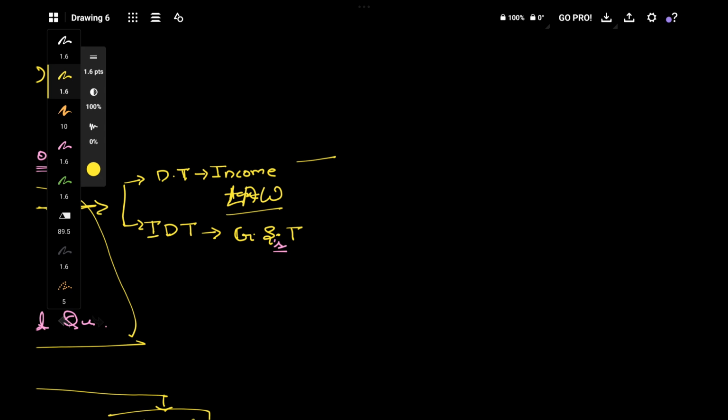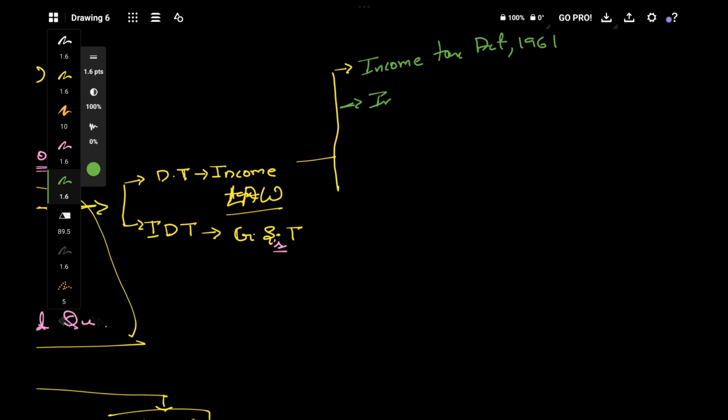So we are going to learn the whole law, not just the act, not just the Income Tax Act. In the income tax law we have different components. Component 1, this is very important, is the Income Tax Act 1961. In 1961 they passed this Income Tax Act, and in the next year they introduced the Income Tax Rules 1962. Why did this happen in the next year?